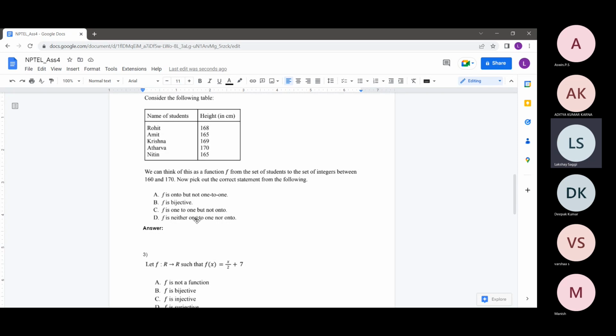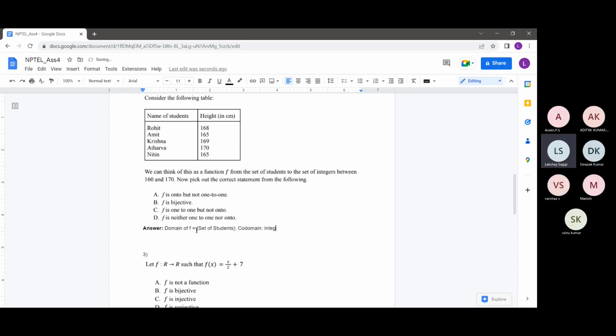Here we are given the domain and codomain. The domain of f is the set of students, and the codomain is the integers between 160 and 170, right? So basically 160, 161, 162, and so on.